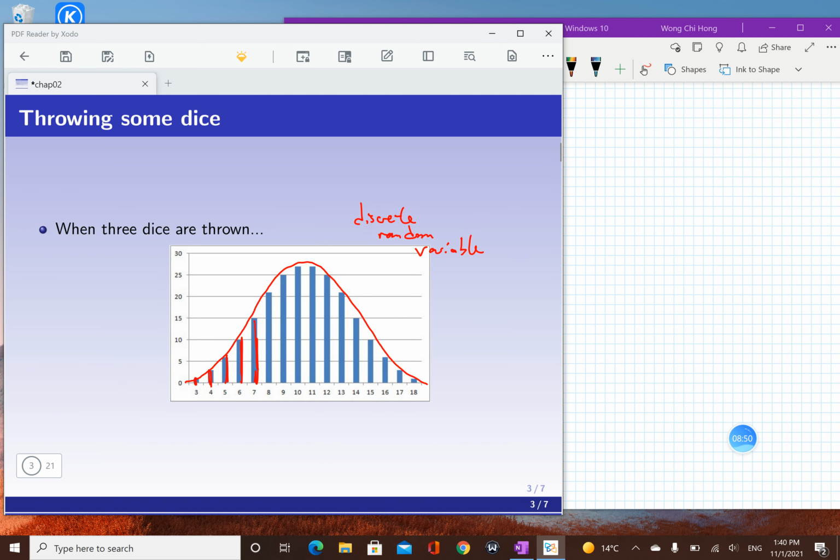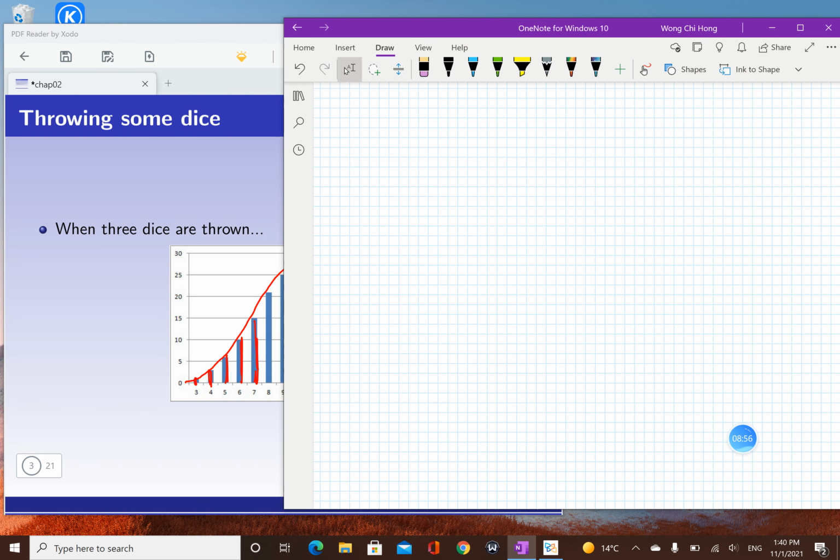What do we need to know about probabilities with random variables? It'll be nice if we can have a function representing these probabilities, and it has to follow some sort of rules.